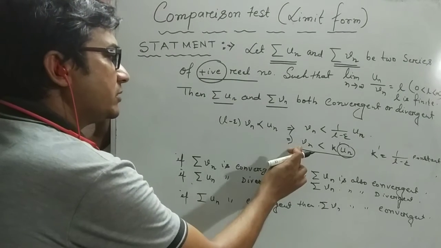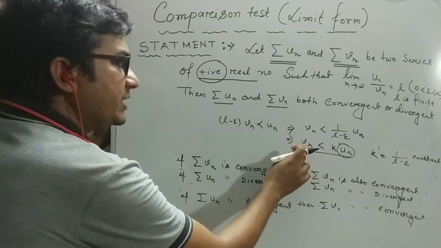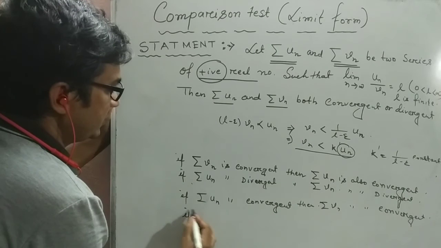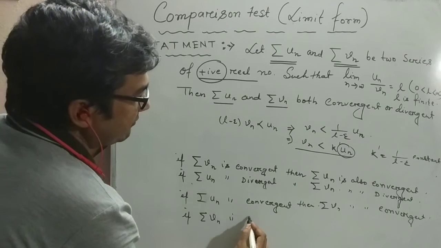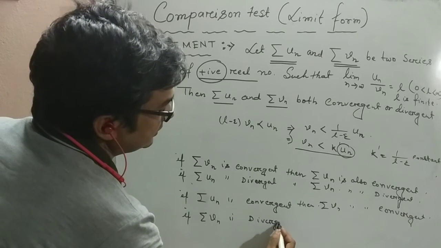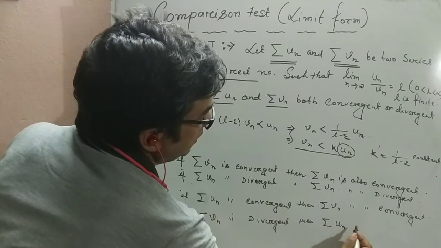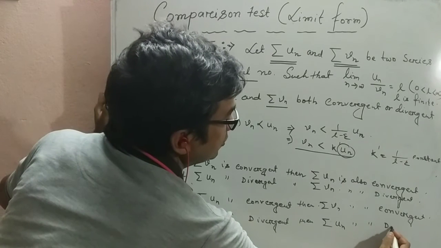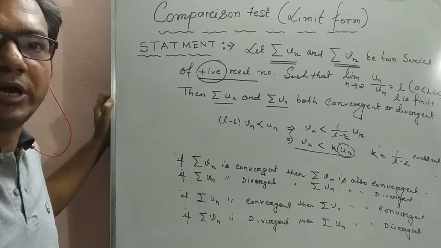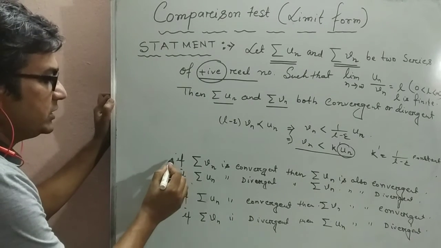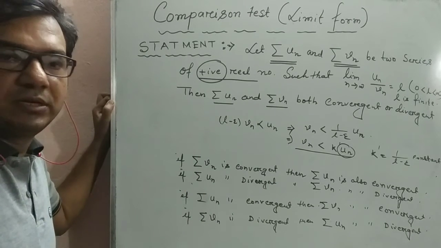And from this relation, we also say that if summation vn is divergent, then summation un is also divergent. Okay. Now these four lines are given from these two relations.